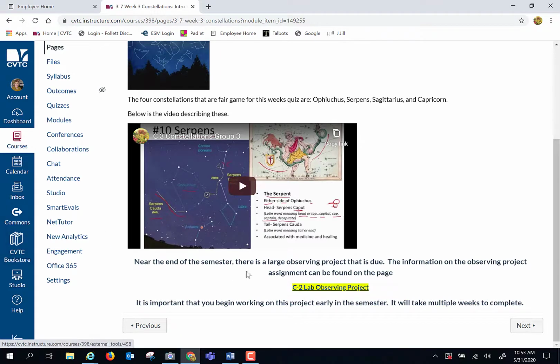It contains the information about constellations, but also information on that observing project. Check the individual schedule for this semester to know exactly when that's due, but you do need to get a start on that. There is a special video just explaining that observation project, so I'm not going to go into it in great detail here. You will get reminders on this throughout the entire semester.